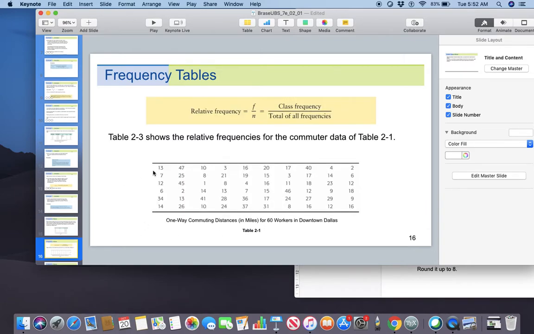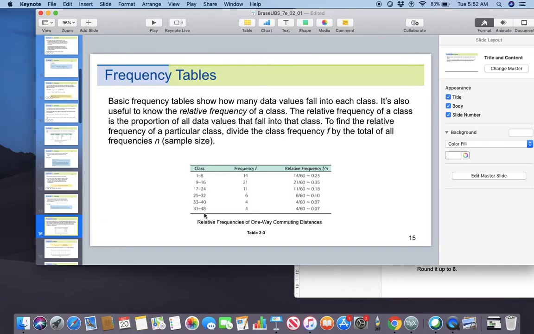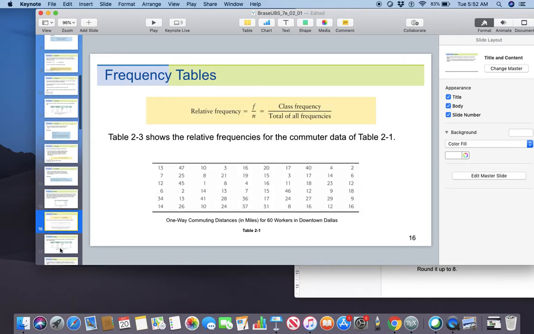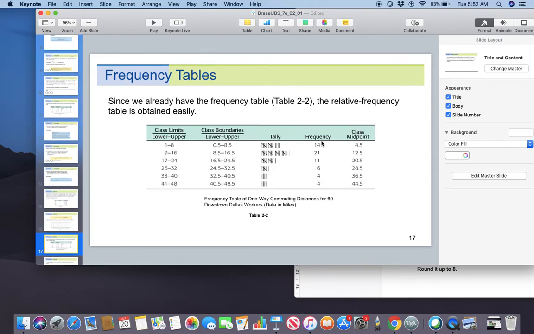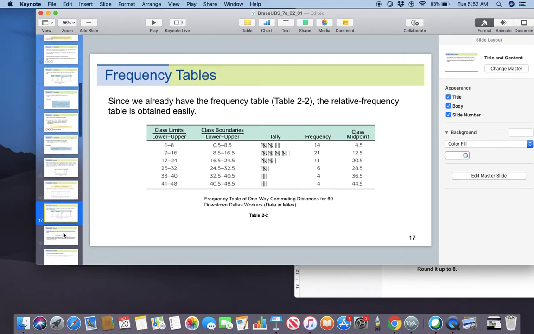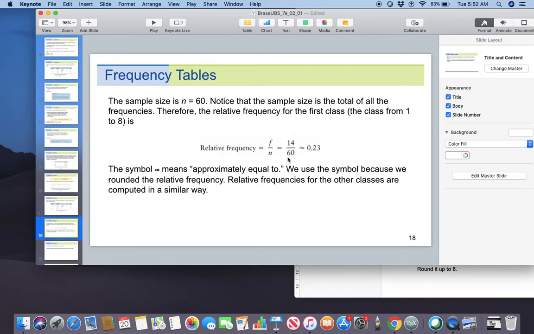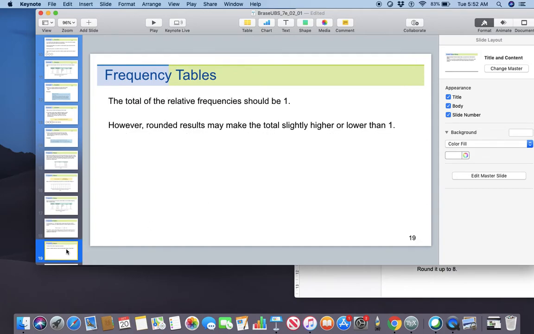Now once you have the frequency, what is called relative frequency? What is relative frequency? Take your frequency and divide by the total number. So there are 60 in all, 60 workers. So these frequencies you're going to divide by 60, and you're getting an approximate value in each case.